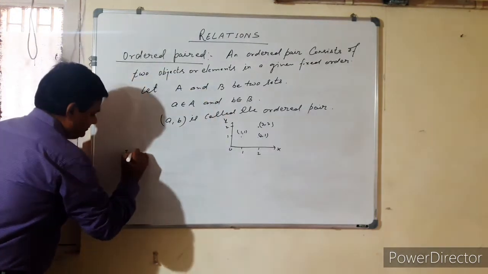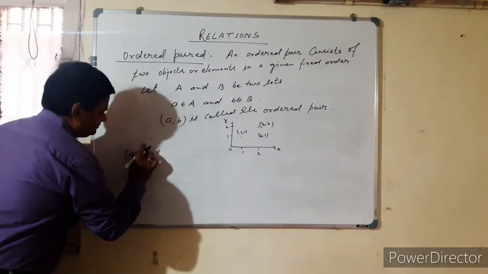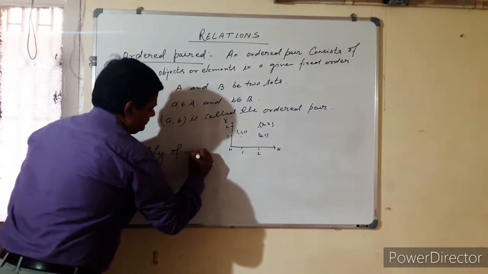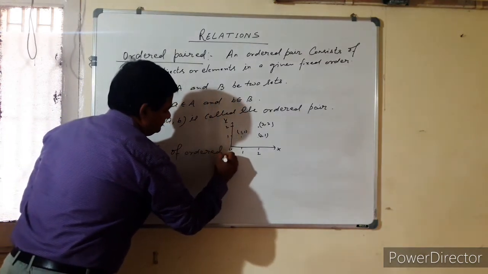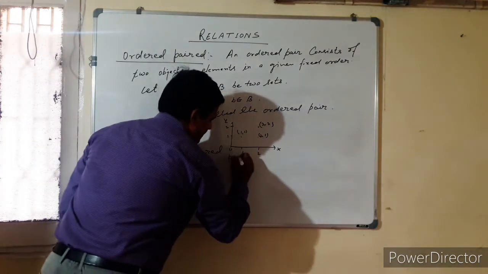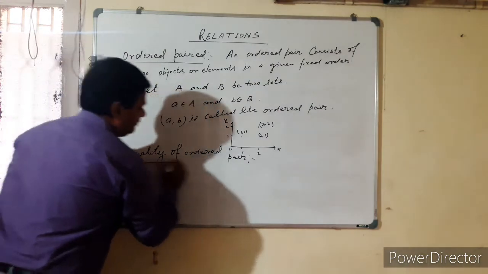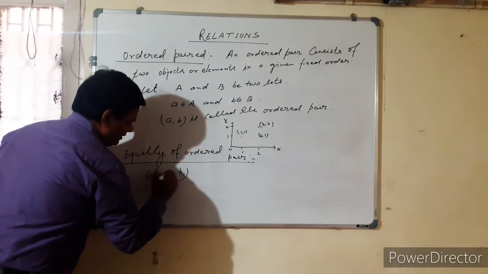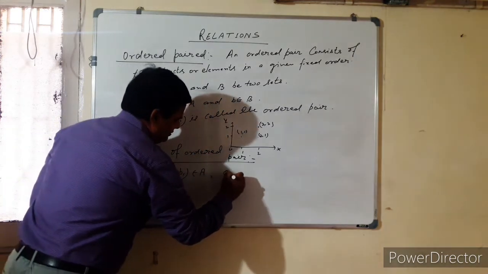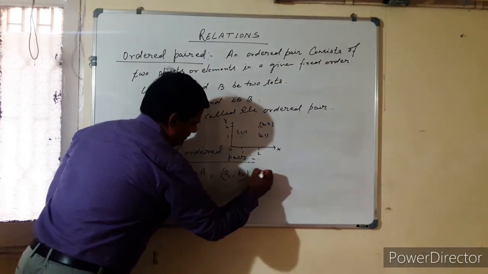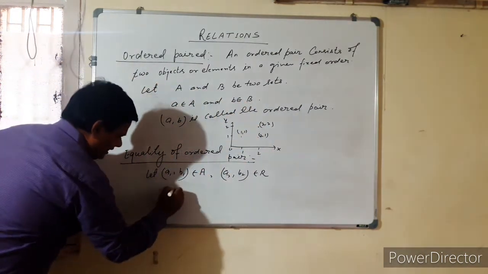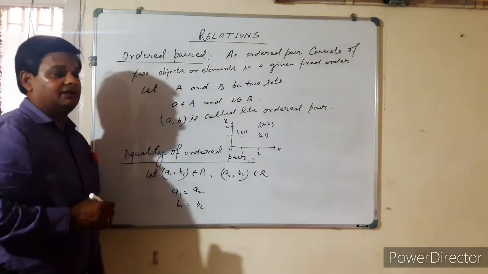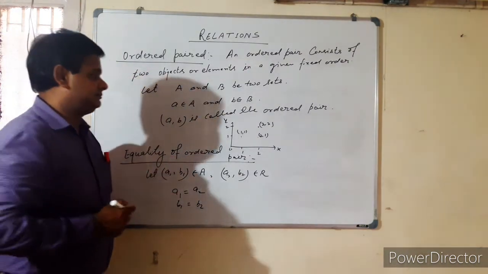Equality of ordered pairs. Suppose (a1, b1) belongs to A and (a2, b2) belongs to B. Then if the corresponding elements a1 equals a2 and b1 equals b2, then we can say that these ordered pairs are equal.